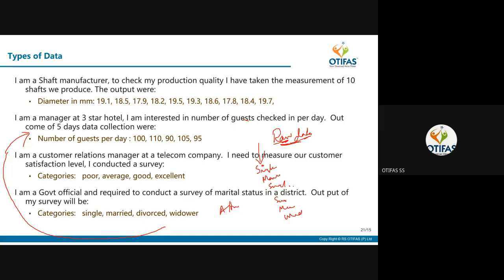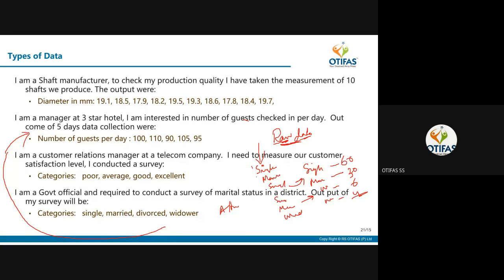Now, this data can be consolidated in a column, like in Excel also you can consolidate. Now, we can say single 60. You surveyed 100 people. Single was 60. Married was some 20, maybe 30. And the widower was some 6. Widow was some 4. Now you can consolidate, and you can also express it in a bar graph.